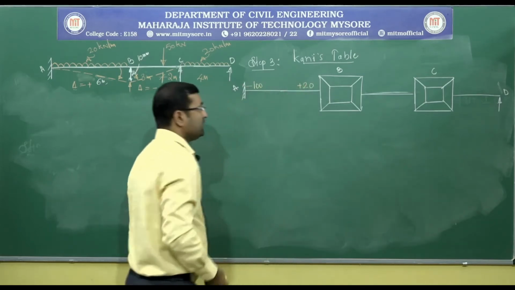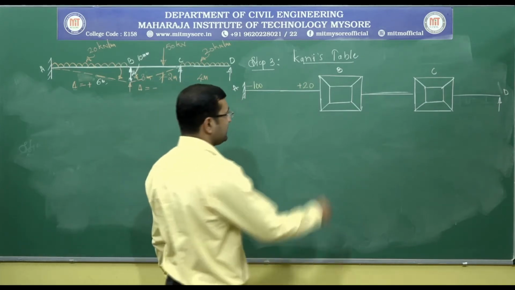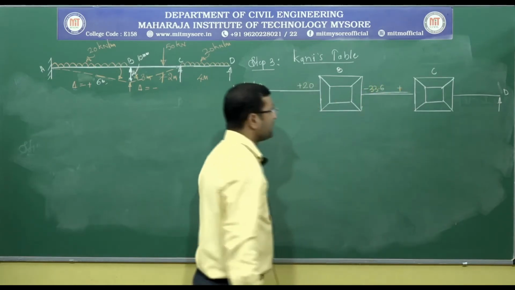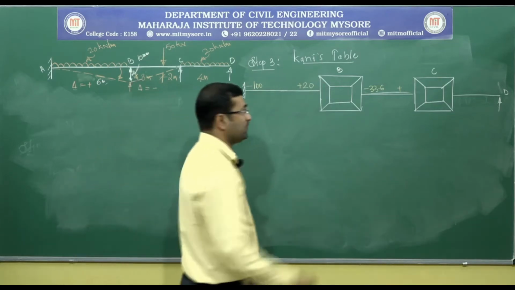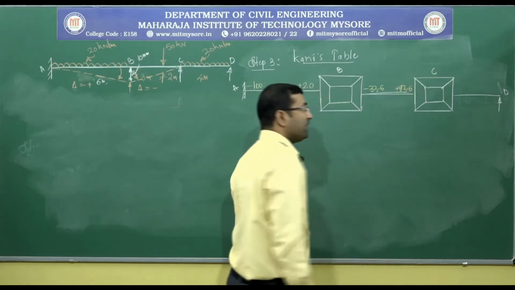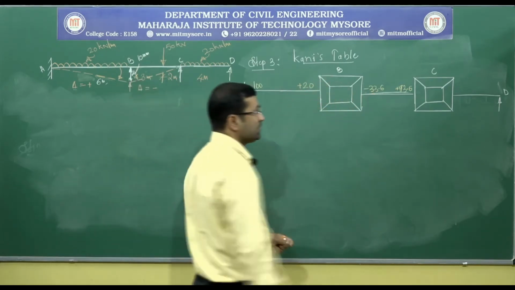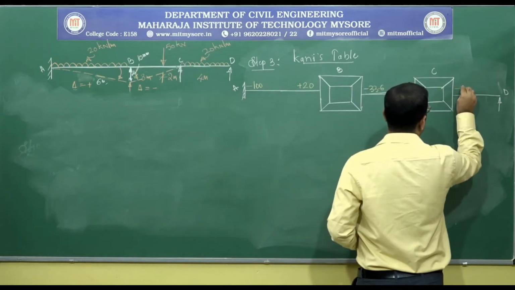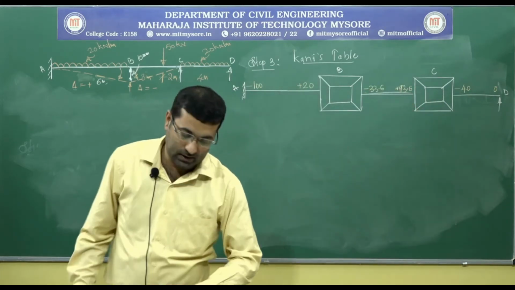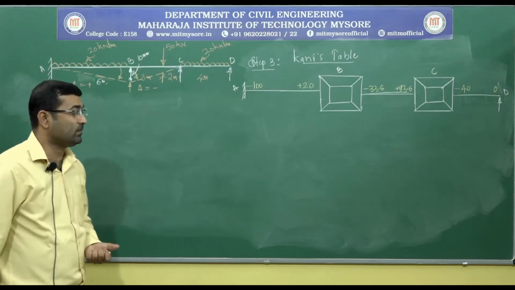MFBC is minus 33.6 and MFCB is plus 93.6. For MFCD, here we have modified, we have to use the modified fixed end moments. So, the modified fixed end moment MFCD is minus 40 and MFDC is 0, right.